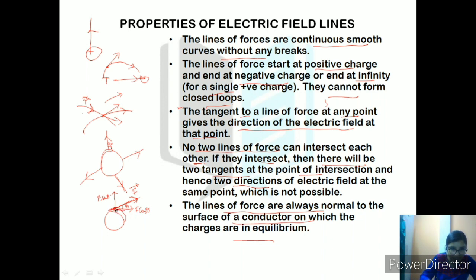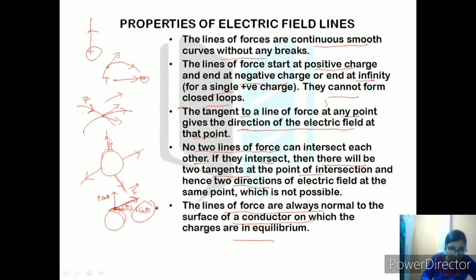If they experience force, they will move, because inside the conductor charges can move. But in equilibrium, charges are at rest. If these charges were moving, they would form current. And inside the conductor there is no current formed in equilibrium, when it is not connected to any wire. So this force doesn't exist.